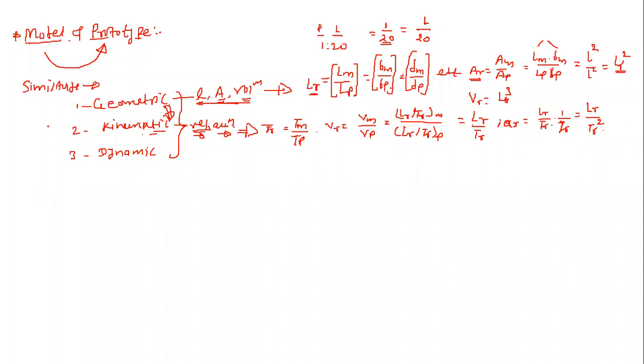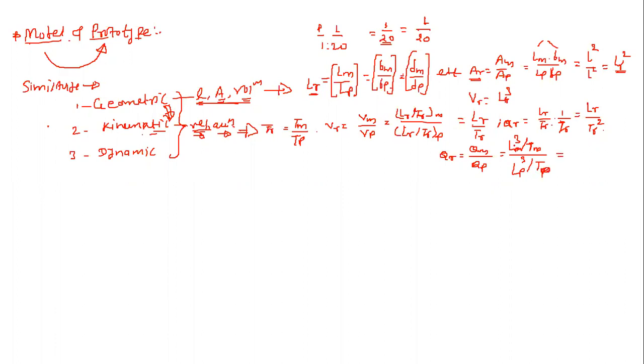And the last scale ratio for kinematic similarity is the discharge scale ratio, QR. It is the discharge passing through the model divided by the discharge passing through the prototype. Discharge is measured in meter cube per second, so it is length of the model cubed divided by time, over the corresponding dimensions of the prototype, LP and TP.